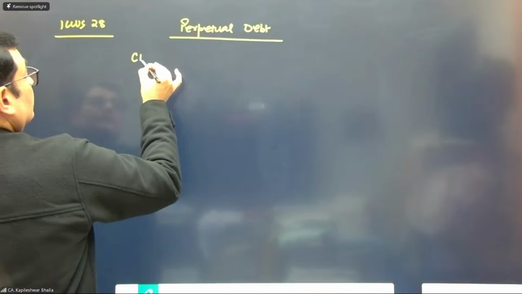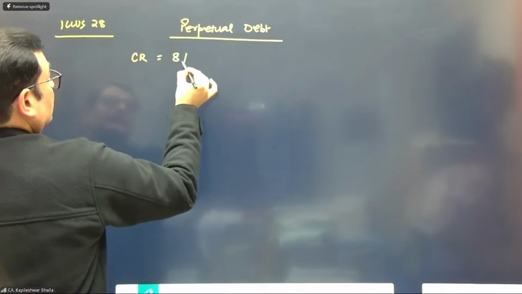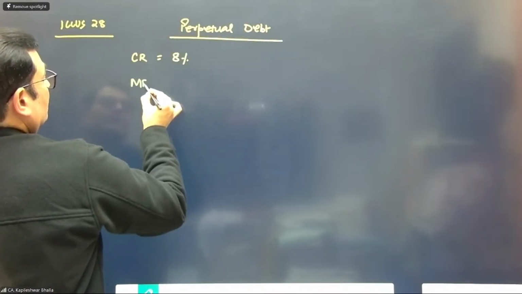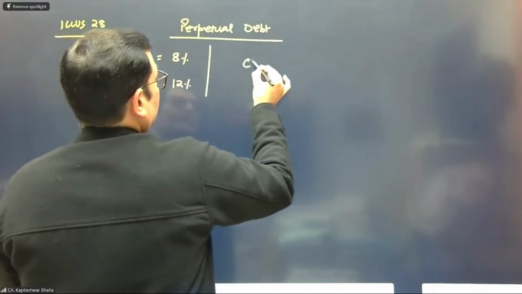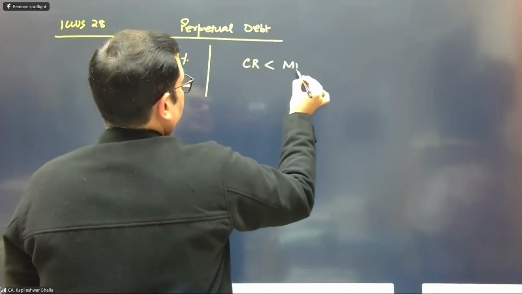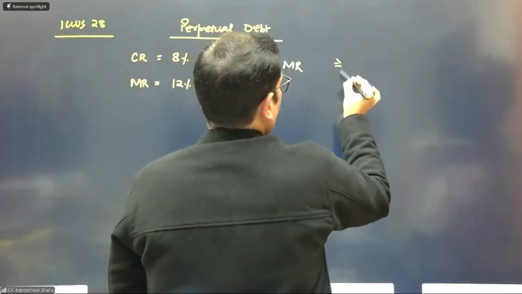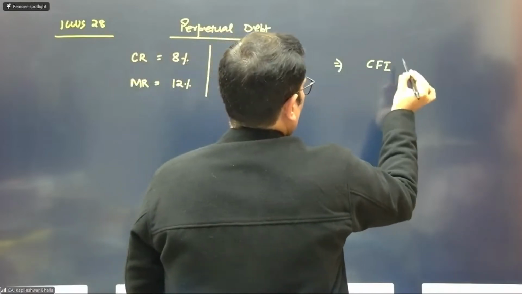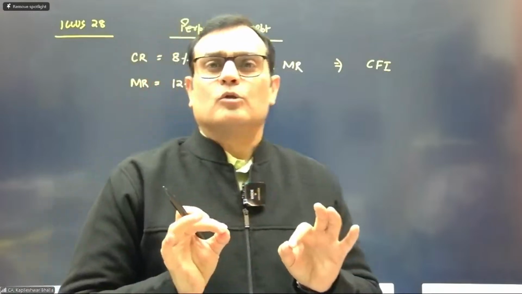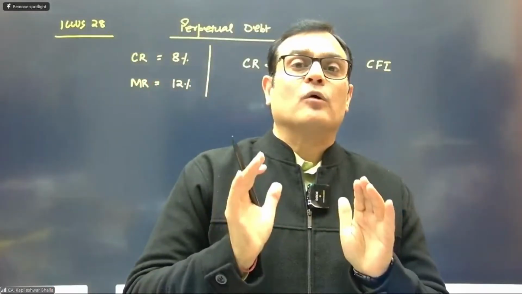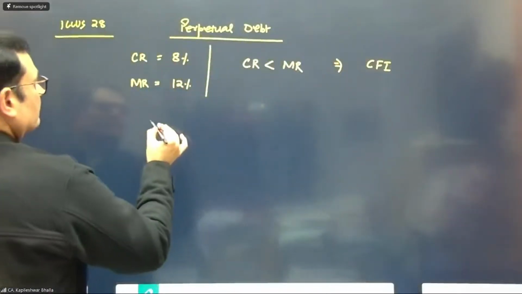Tell the examiner that the contracted rate is 8%. The market rate is 12%. And we can clearly say the contracted rate is less than the market rate. So this implies it is a compound financial instrument. Then we go to the accounting and do what we call split accounting.